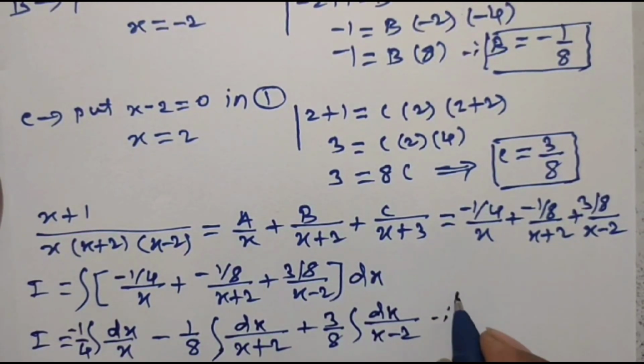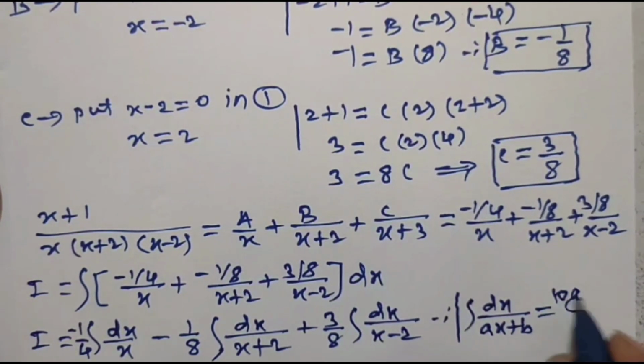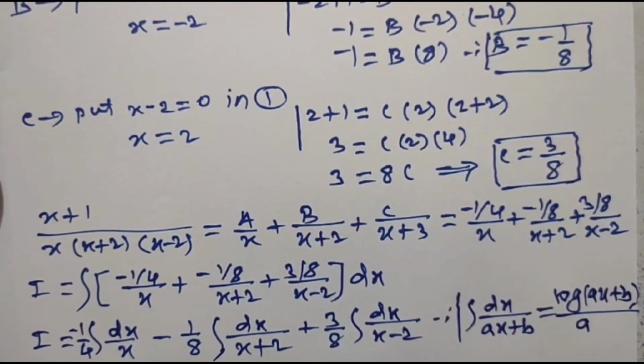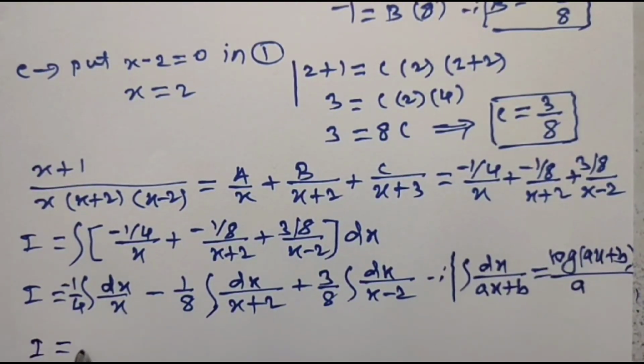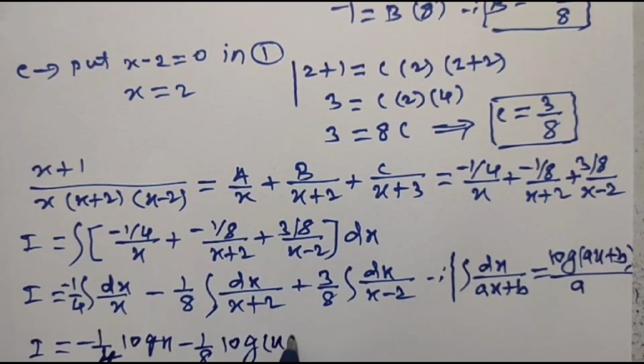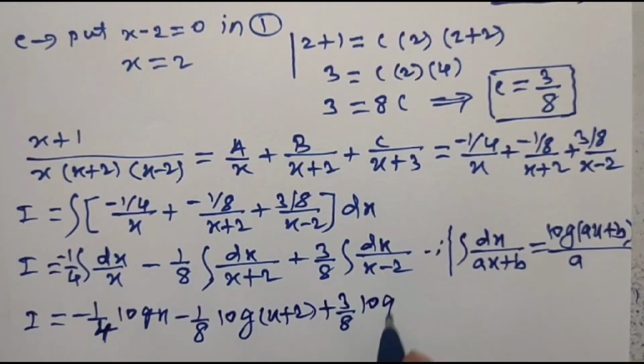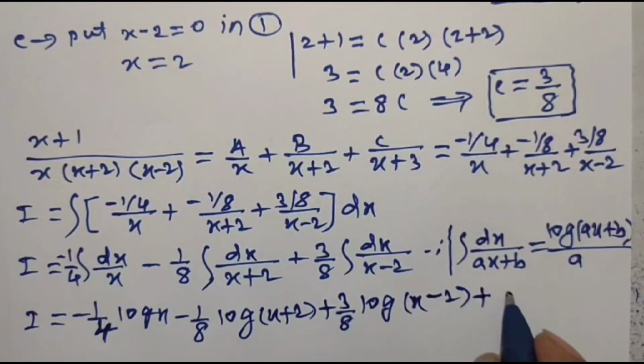And we can apply this formula, integral of dx divided by ax plus b is equal to logarithm of ax plus b divided by derivative of ax plus b, that is equal to a, which is coefficient of x. Hence I is equal to, we can write minus 1 upon 4, value of this integral log x, minus 1 upon 8, value of this integral logarithm of x plus 2, plus 3 upon 8, value of this integral logarithm of x minus 2, plus integral constant c.